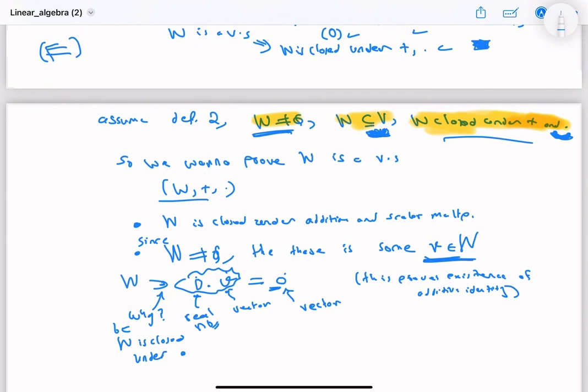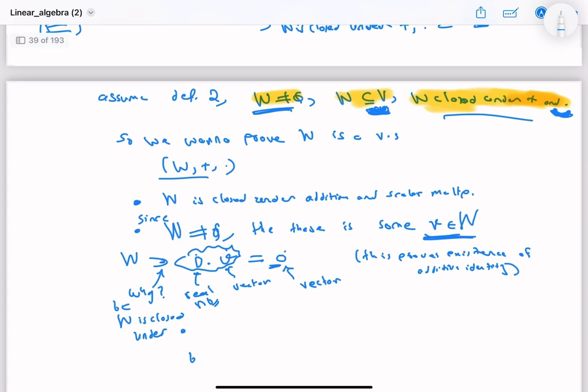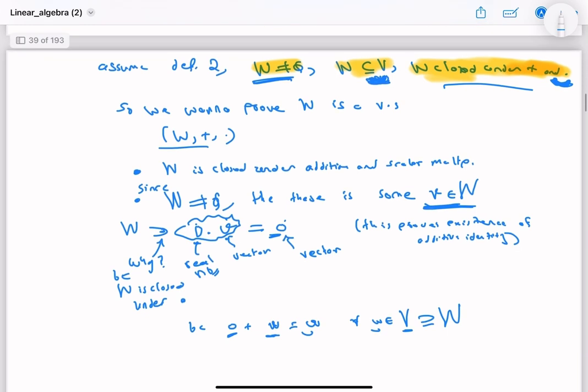Well, because 0 plus v is equal to v for every v in the bigger set V. Remember, 0 is the additive identity of the vector space V, right? Then if we add 0 to any other vector of V, we get that same vector. But particularly, if we add 0 to any other vector in omega, because omega is contained in V, then any other vector in omega will satisfy this property.